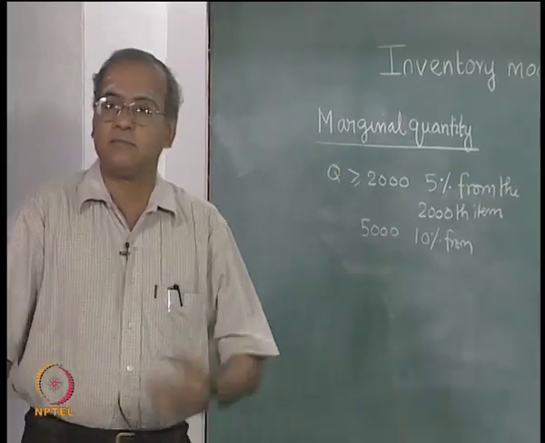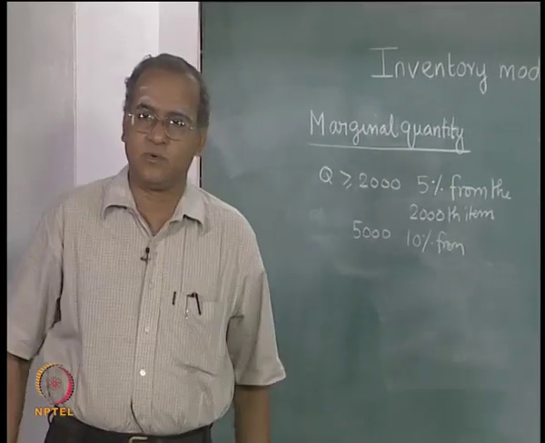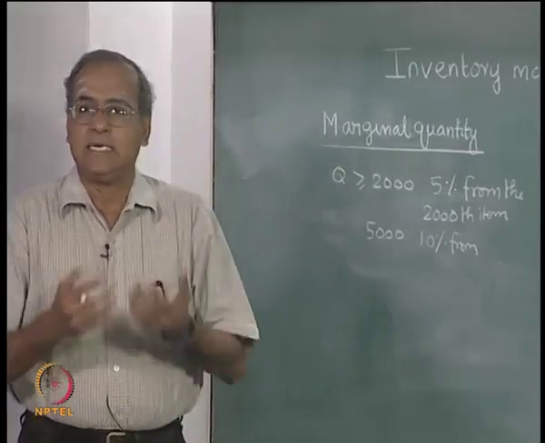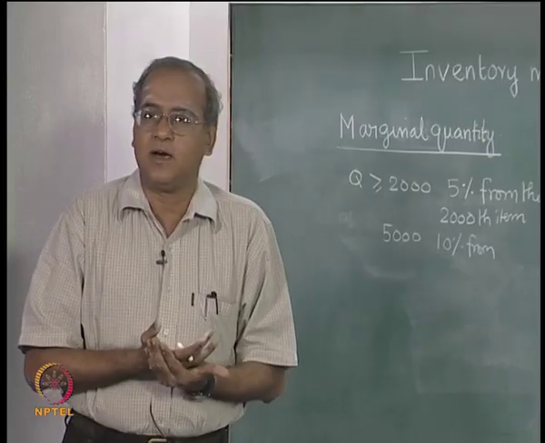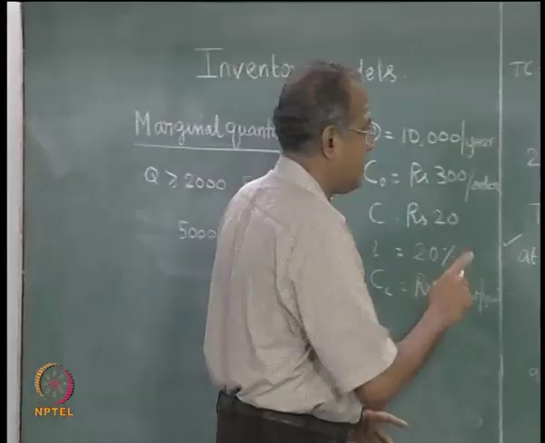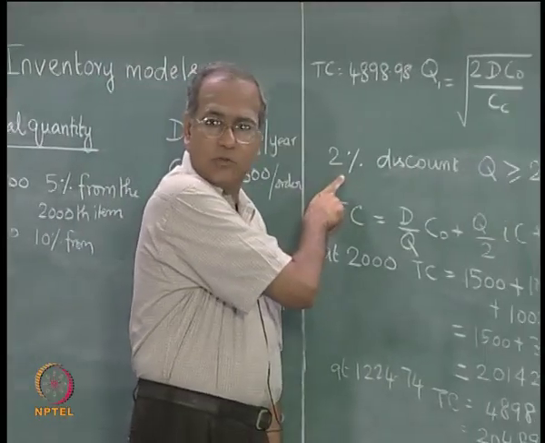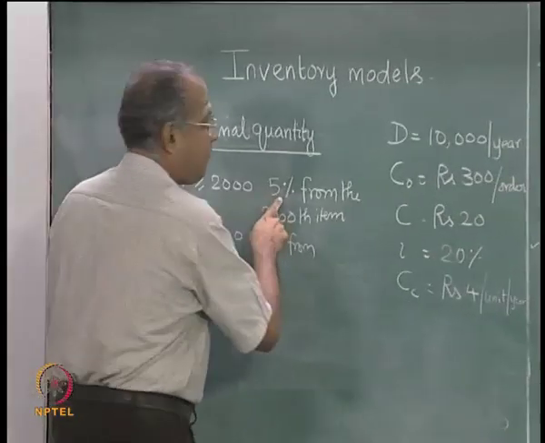if we order 2000 items in the all quantity discount, now all the 2000 items are priced at, let us compare these two cases, an all quantity discount of 2% versus a marginal quantity discount of 5%.